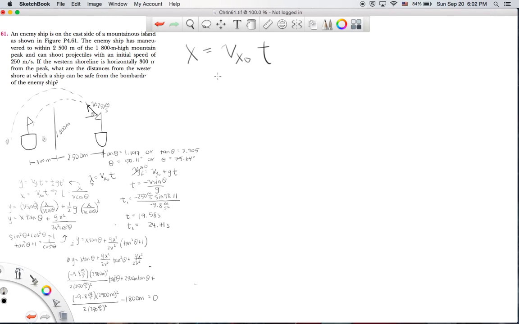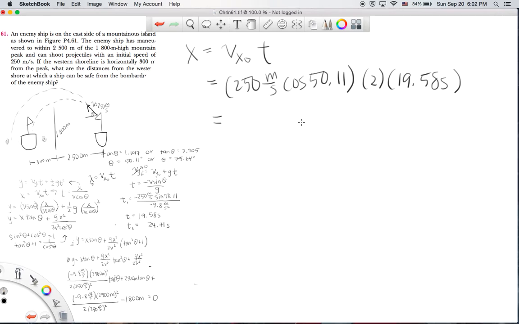So we have x equals 250 meters per second cosine 50.11 times 2 times 19.58 seconds. So this is the horizontal range when the projectile is fired from the minimum launch angle of 50 degrees. So this will equal 6,276 meters. So that's that.